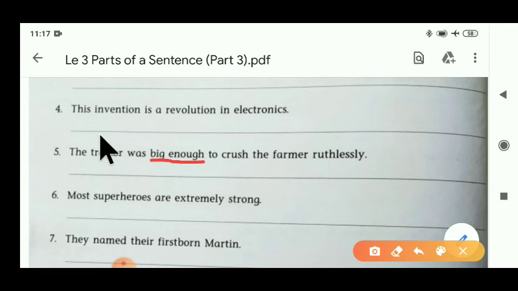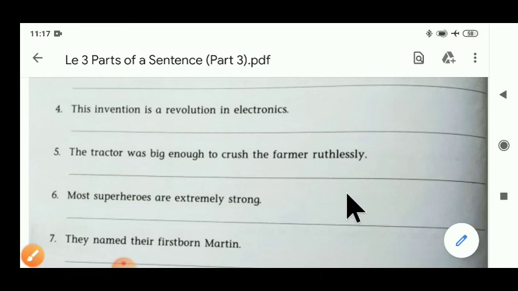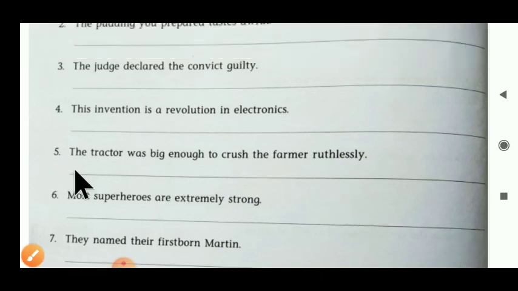It is used to describe the subject, the tractor. So here big enough becomes the subject complement. Can you understand now? So the answer becomes big enough, subject complement. You have to write only big enough, then a dash, subject complement. Like that you have to write all the answers.